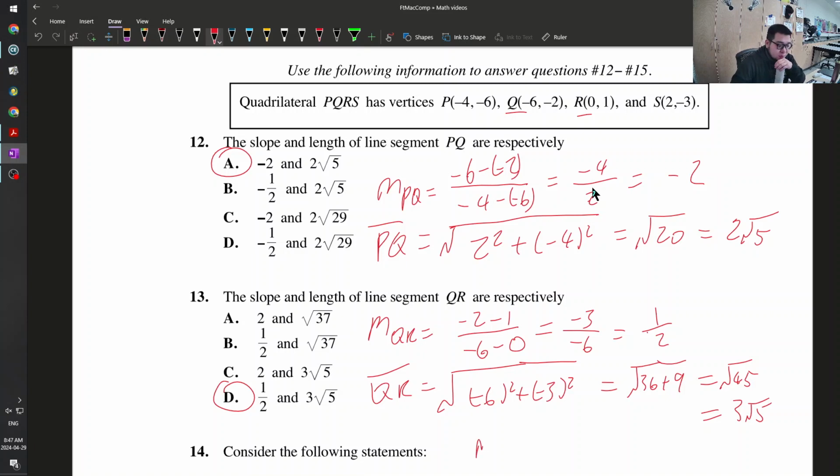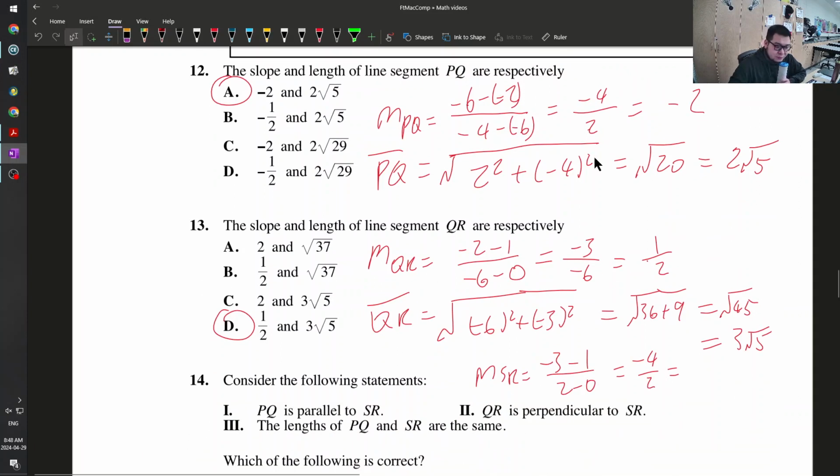So the slope of SR is equal to, man, this is a lot of work. Imagine we could just draw it out on a sheet of paper or something, much easier, which is probably what we should have done. The slope of SR: negative 3 minus 1 over 2 minus 0, negative 4 over 2, which is equal to negative 2.